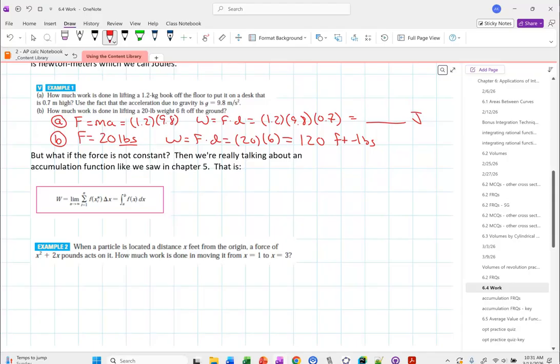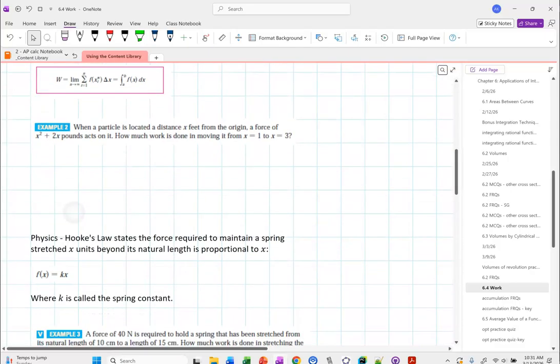But what if the force isn't constant? What are we going to do? We're going to do an integral. That's what we're gonna do. Okay? So example 2 says, when a particle is located x feet from the origin, a force of x squared plus 2x pounds acts on it. How much work is done moving it from x equals 1 to x equals 3?